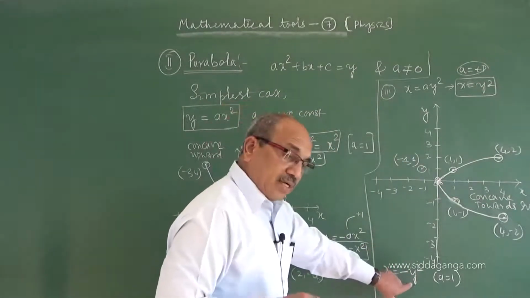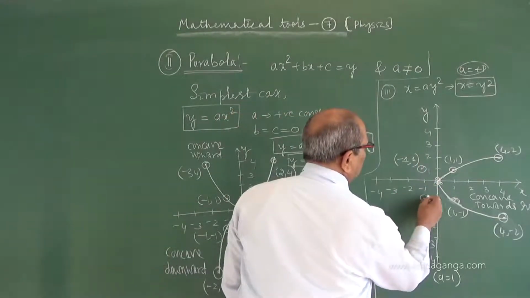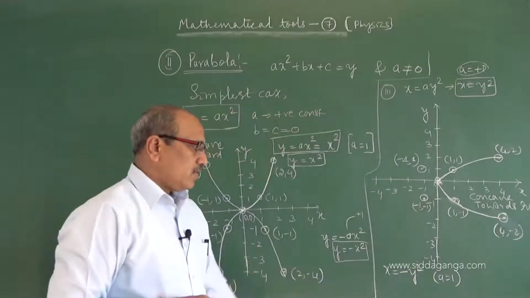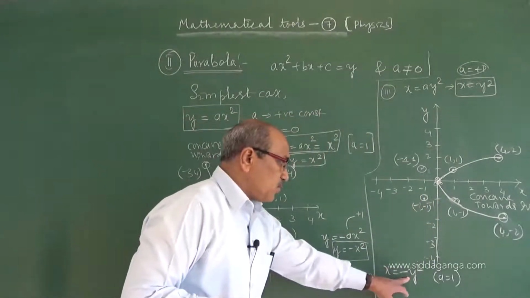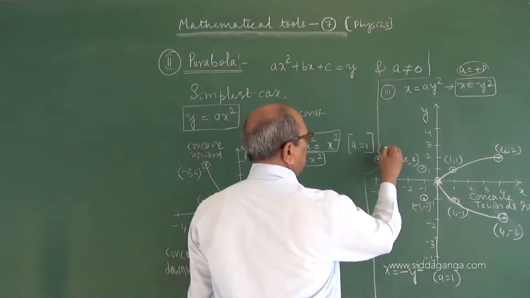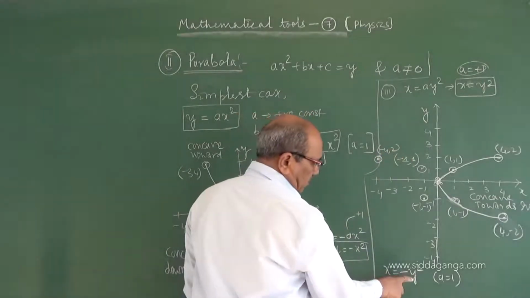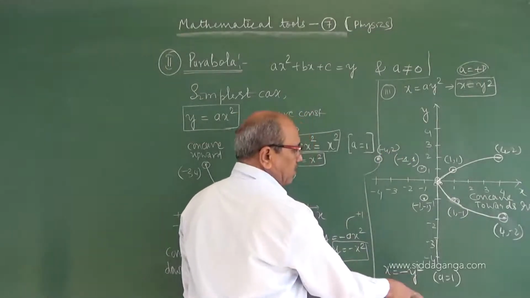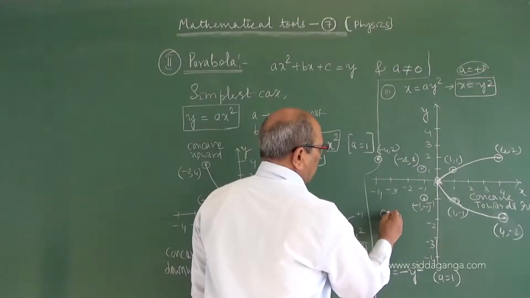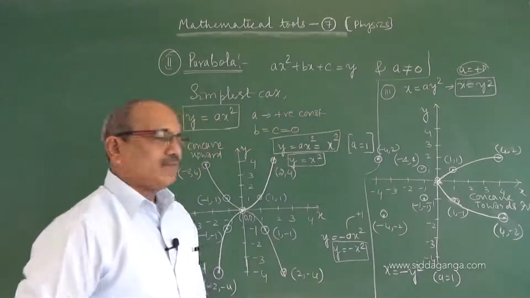If you take y as minus 1, again x is minus 1, so we get a point here, minus 1 comma minus 1. If y is 2, x is minus 4, so the point is x is minus 4, y is 2. Similarly, if you take minus 2, again it is minus 4, so you will have the point minus 4 comma minus 2.